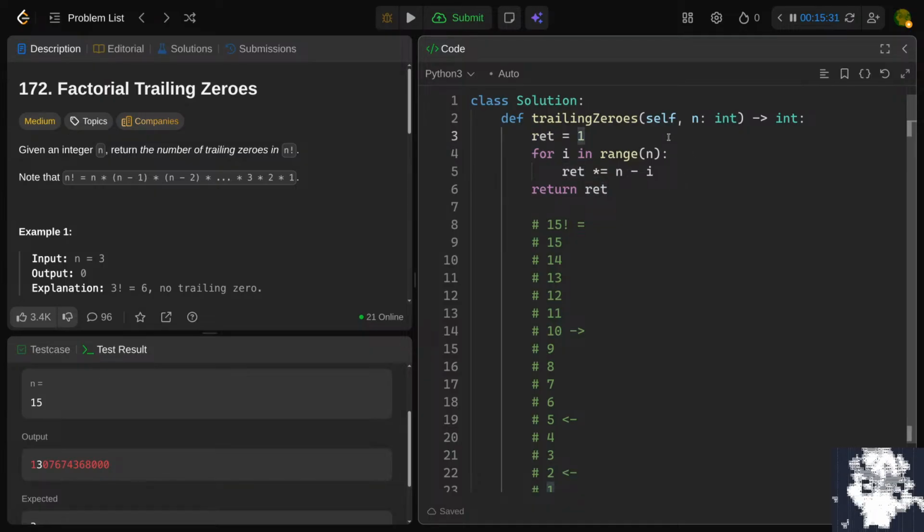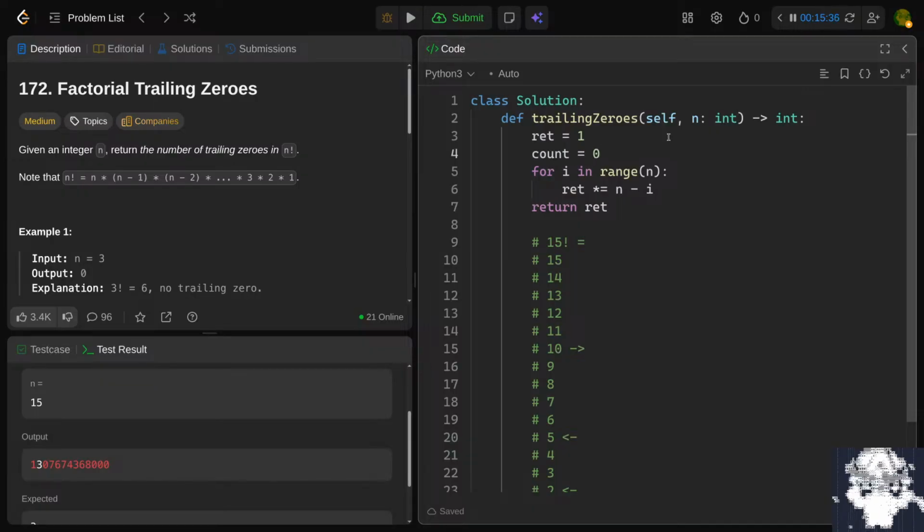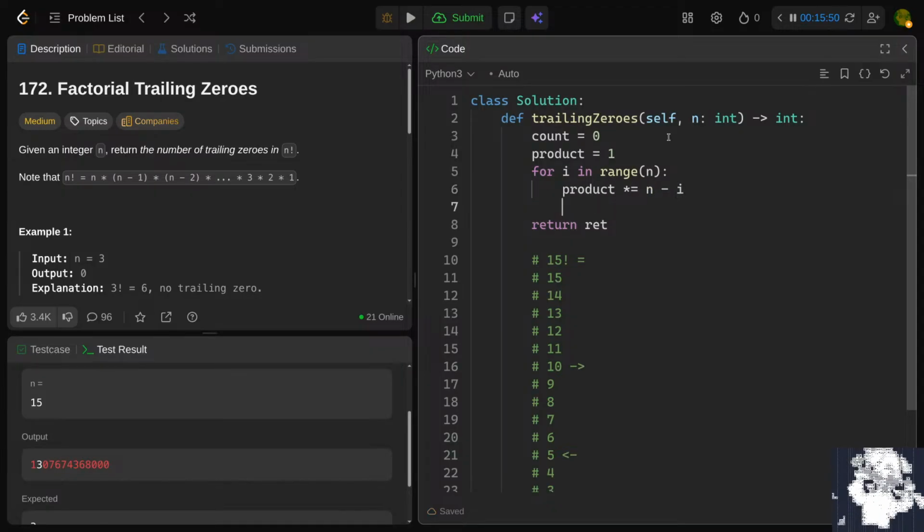But let's try it. So count equals 0. This is not actually ret. This is product equals 1. Product times equals this.